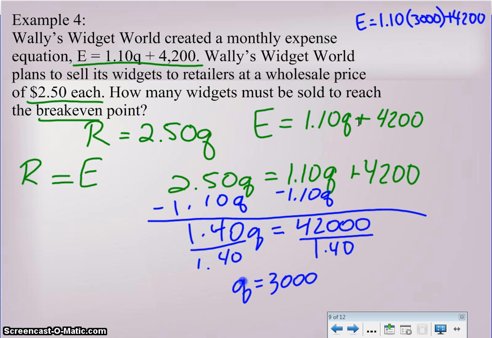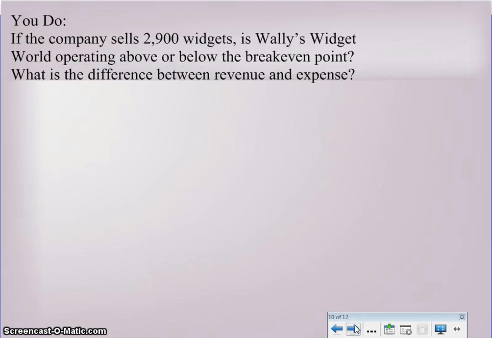When I distribute this and then add them together, I get 7,500. So my break-even point, remember, when I'm looking at it on a graph, is going to be an X and a Y. And at that point, that is where I am going to break even, at 3,000, 7,500. Please press pause. Go ahead and solve this.